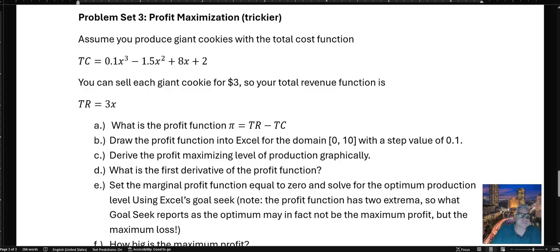And so we have a total cost function, and you know a total cost function is typically inversely S-shaped. So it should look something like this. Okay, so let's make that straight. Okay, so we have here our X, and then here our total cost.